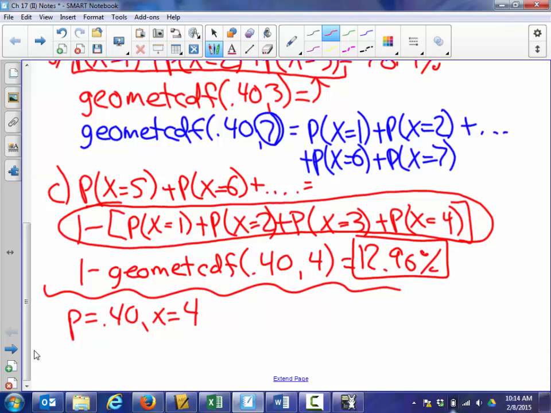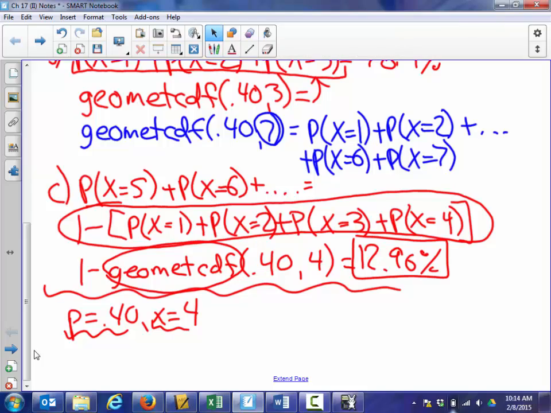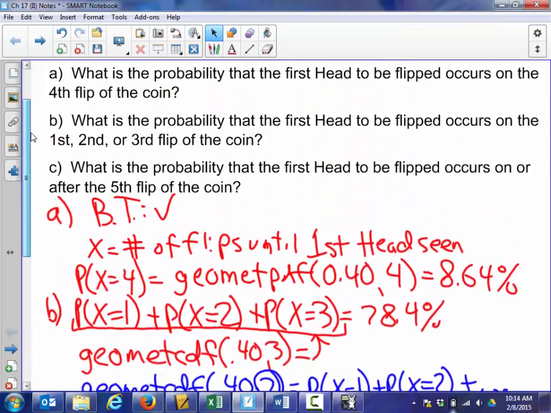For many of you guys, it's way too time consuming to try to follow how you may have solved a problem case by case unless you're writing stuff out. So at the bare minimum, give me the probability of success, give me the number of trials you're entering in, tell me if you're using geometCDF or geometPDF. That will tell me whether or not you're using the correct function at the right time.